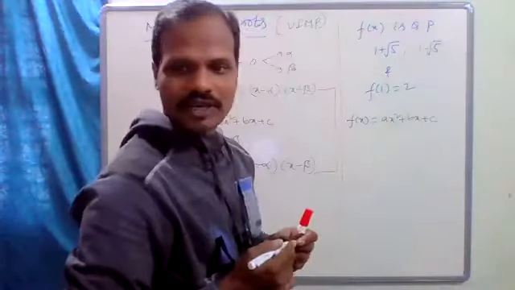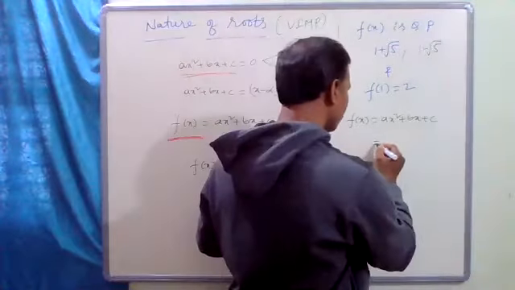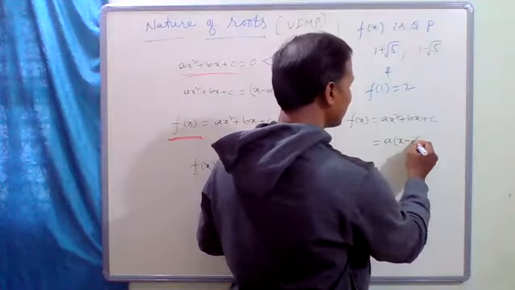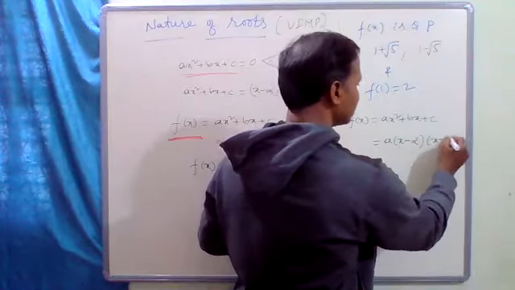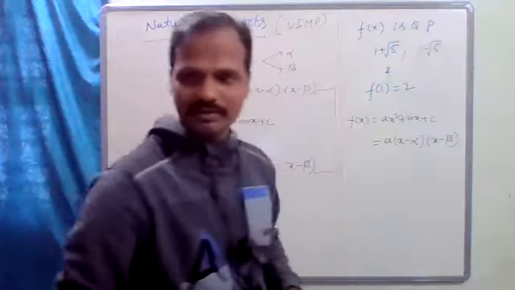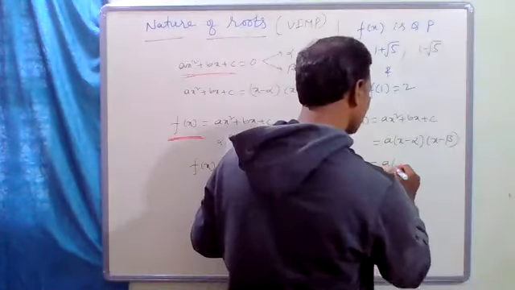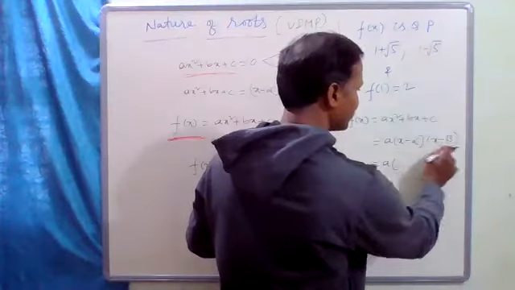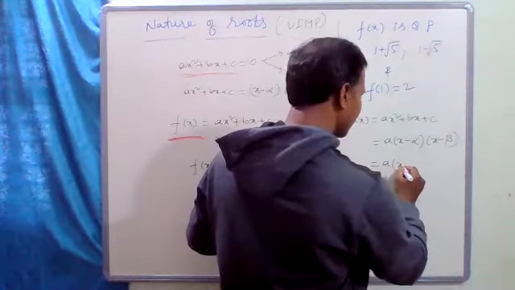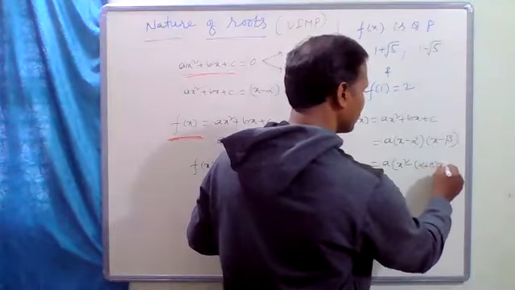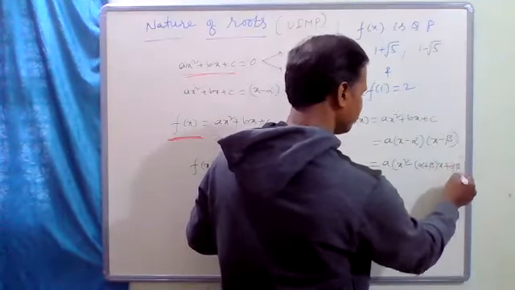So how can we write this polynomial now? As a into x minus alpha into x minus beta. If you expand this, a into x square minus alpha plus beta x plus alpha beta.